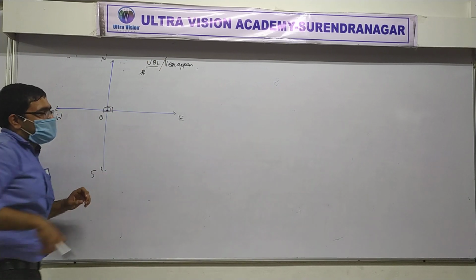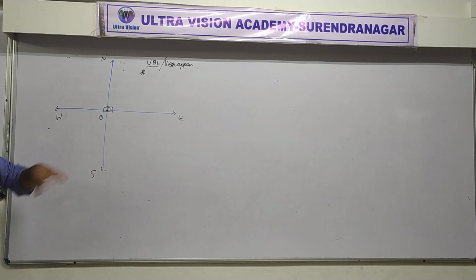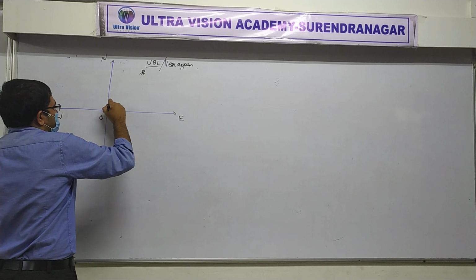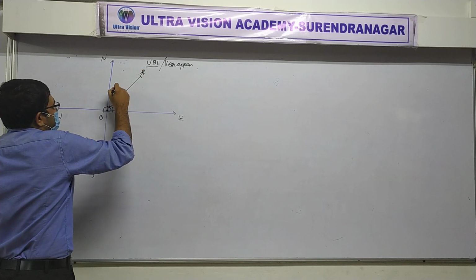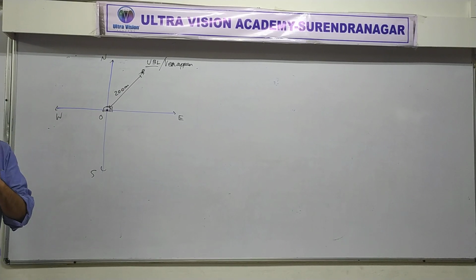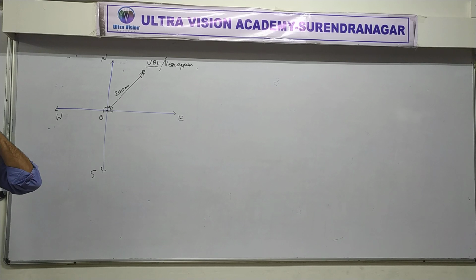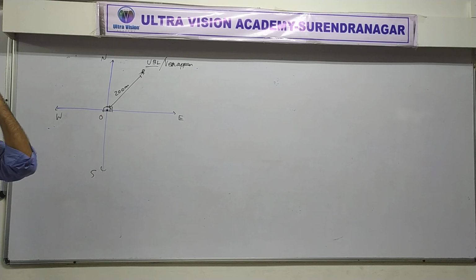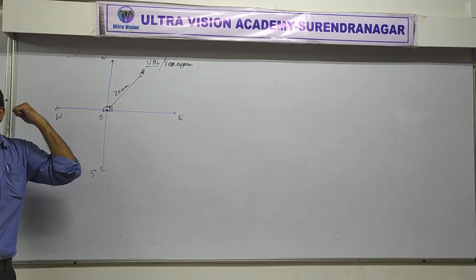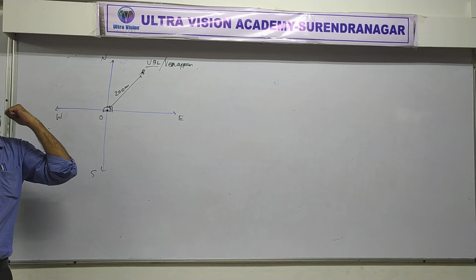So let's say here is a terrorist whom we are observing. At some point of time the terrorist is at a distance of 200 meters from the house. But if I report to you, let's say you all are my superiors, that the target is at 200 meters from the house, the obvious question will be, which direction?